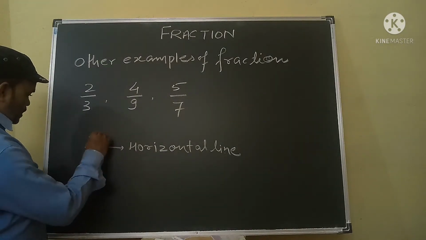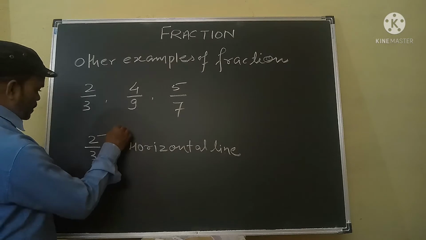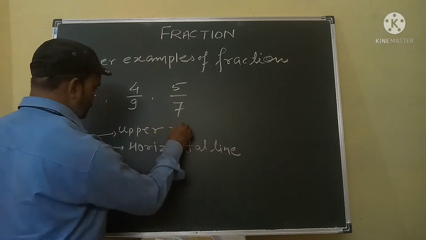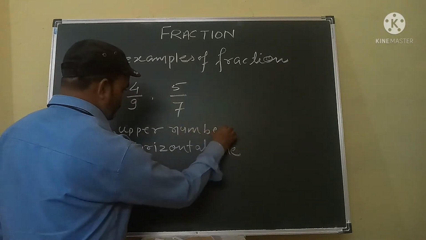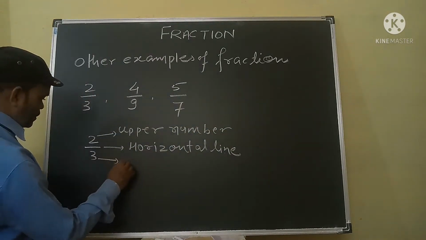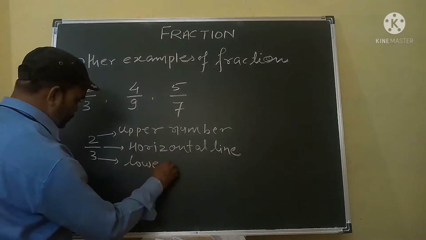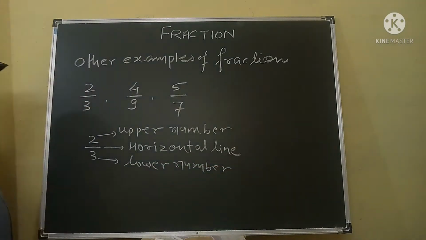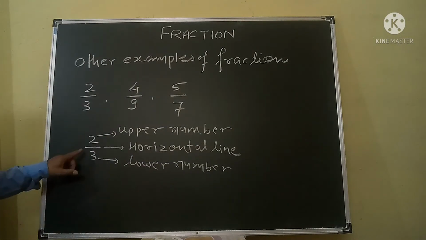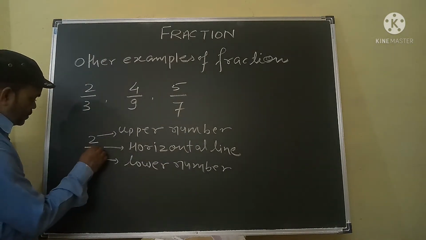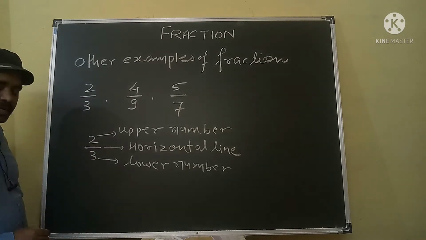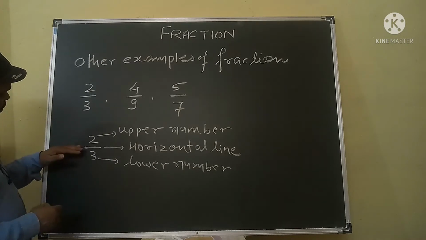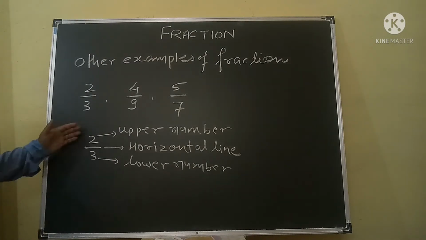And this is the upper number, and this is the lower number. In 2 upon 3, this is the horizontal line.